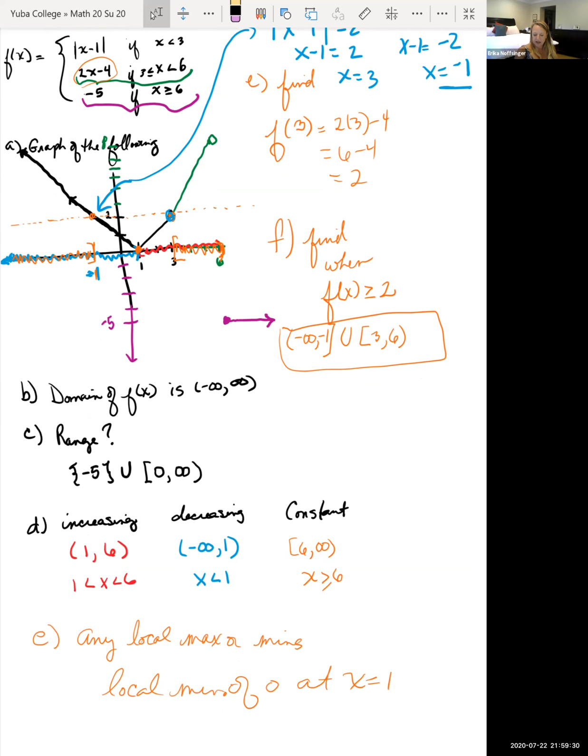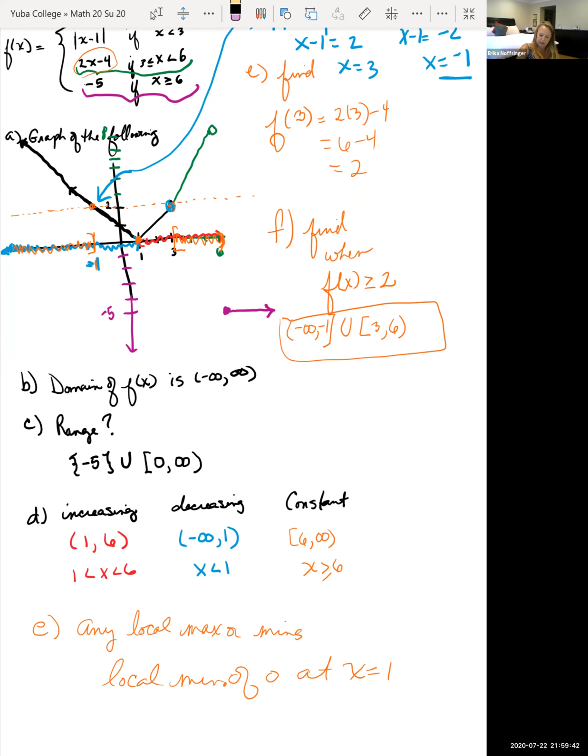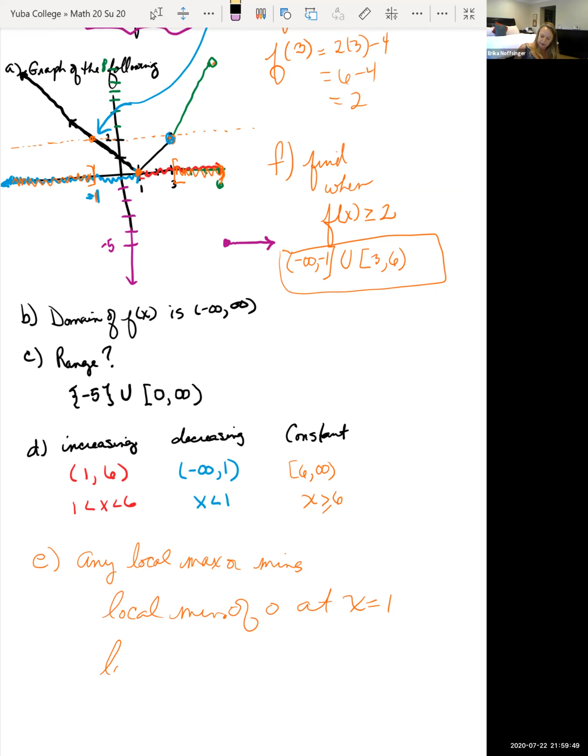Okay, so notice here we have some interval where this value, that's where I need to check to see if we would include this. I believe we do. And we have a local max of 6 at x equals, oh, that was a max of 8 at x equals 6.